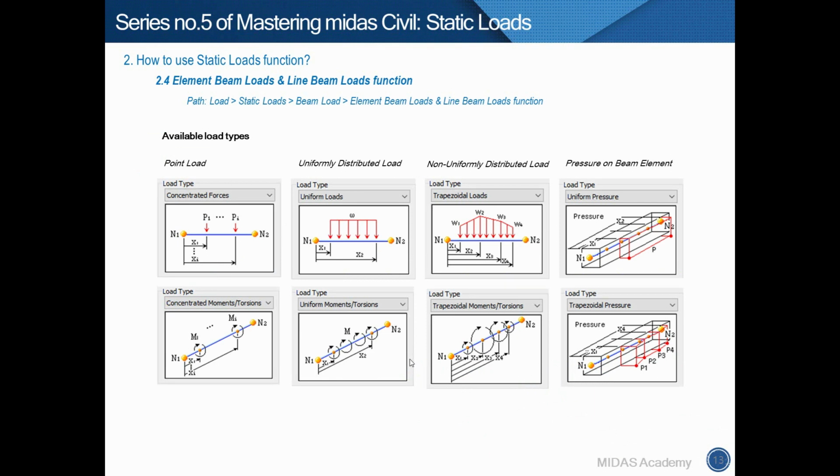And this figure shows available load types in two functions. We can apply loads with exact location and amount of forces to consider those loads. The location of loads can be determined using a ratio of length or actual length.